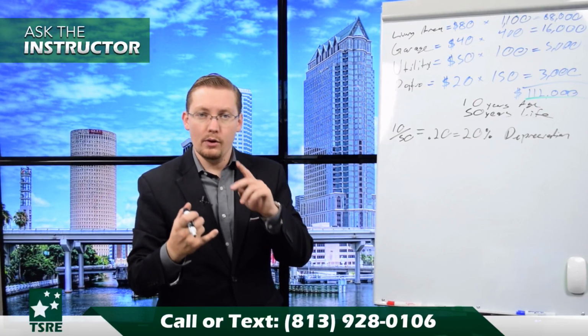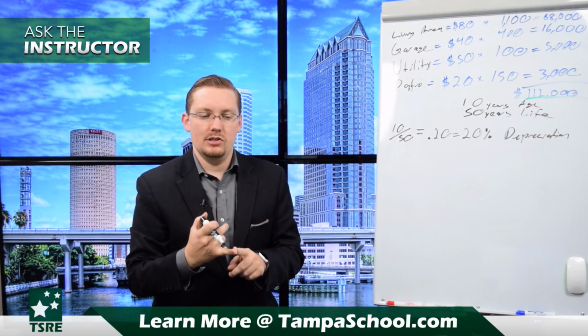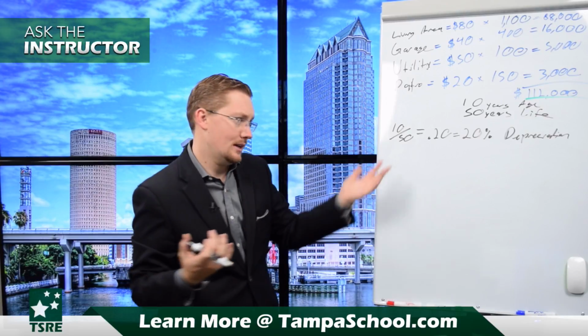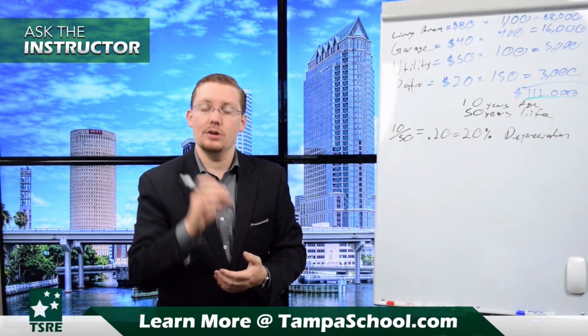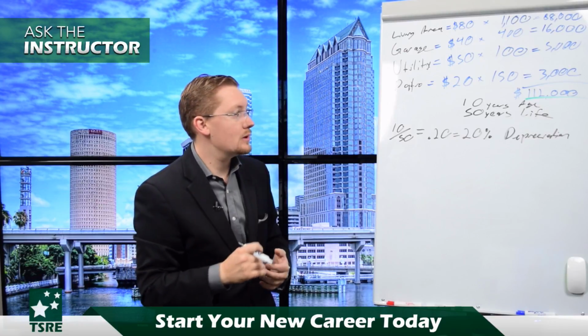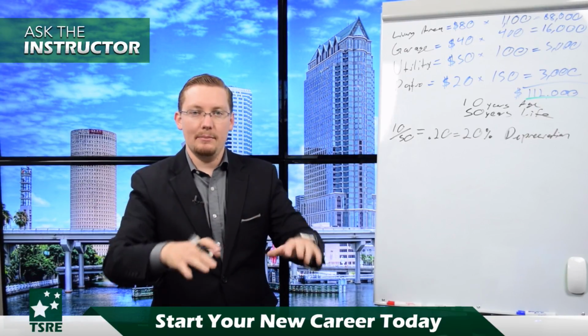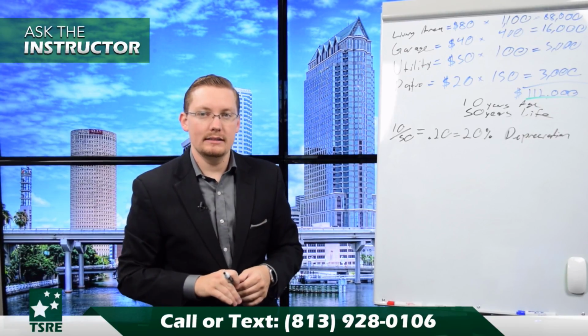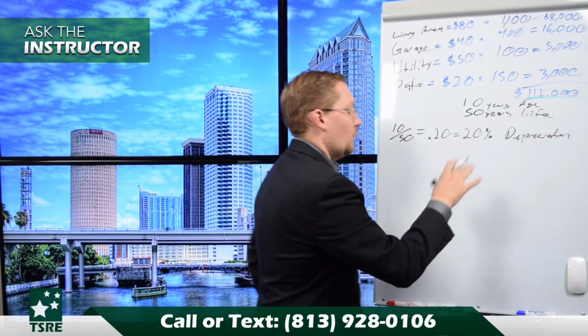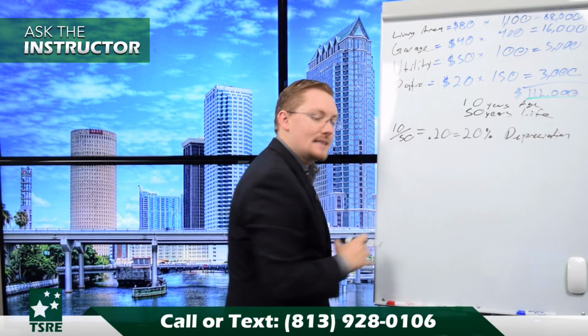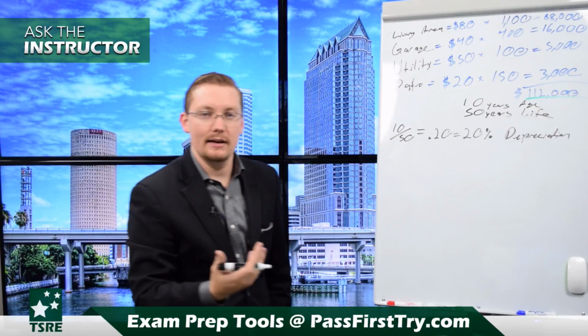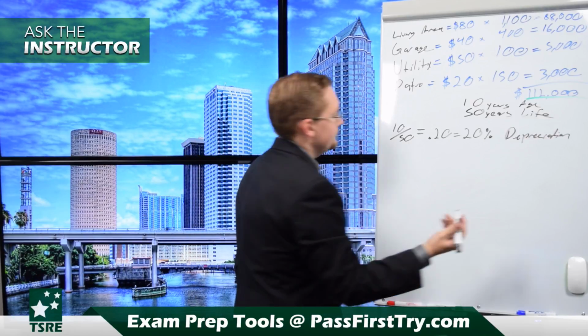You either want to know what the dollar amount of the depreciation is, not necessarily how much percentage is used up, because that's a very easy calculation, or what you're ultimately probably looking for is the depreciated value, how much this has actually gone down on the property, what our new value is based on it being 10 years old and using up 20% of the years of the property.